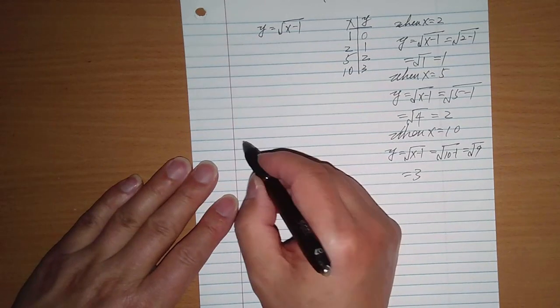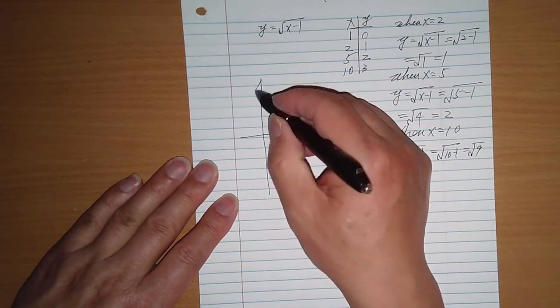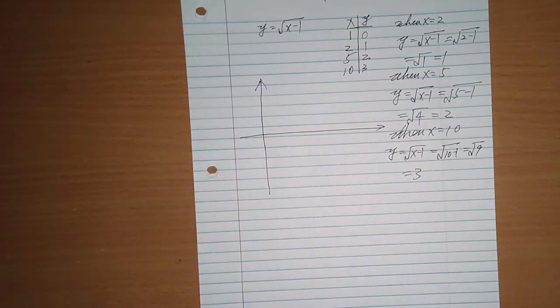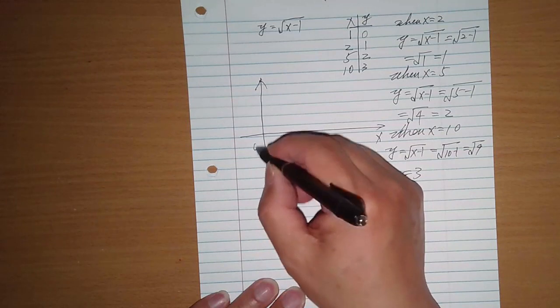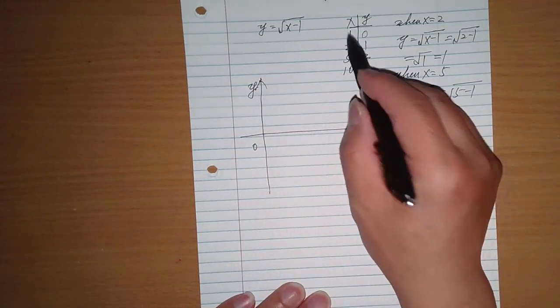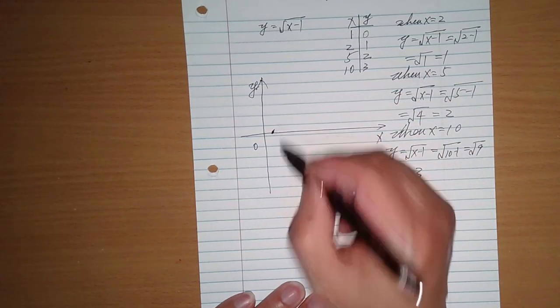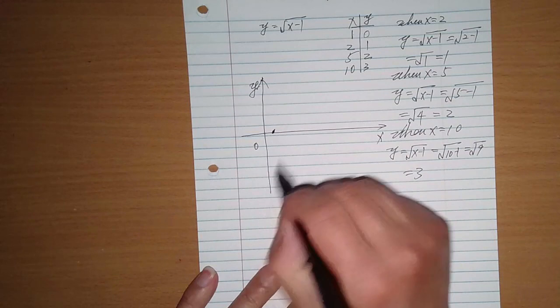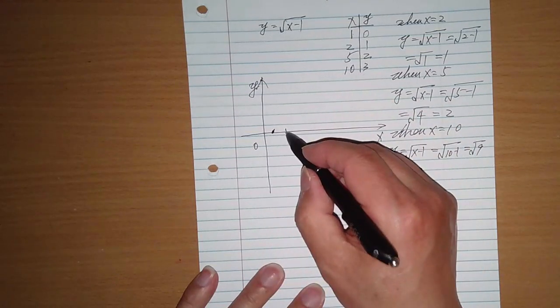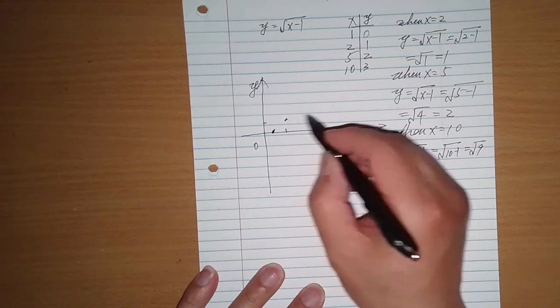So now let's plot this. x equal to 1, y equal to 0 at that point. x equal to 2, y equal to 1, right here.